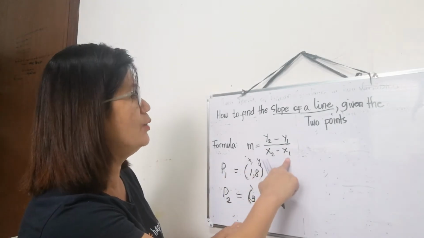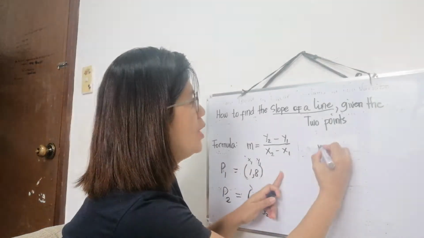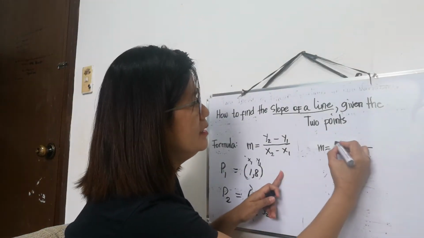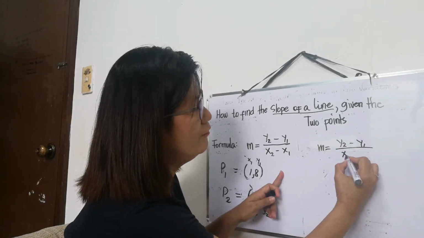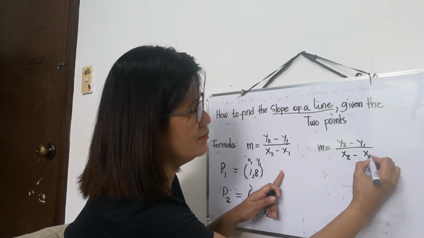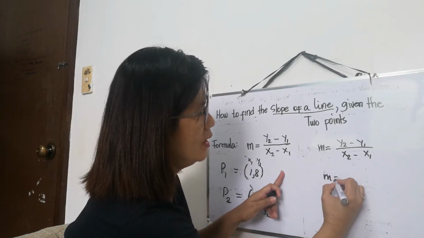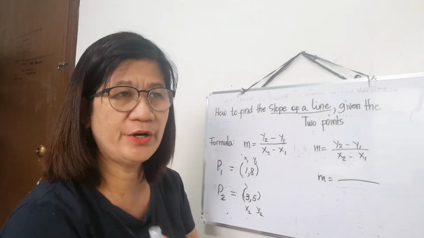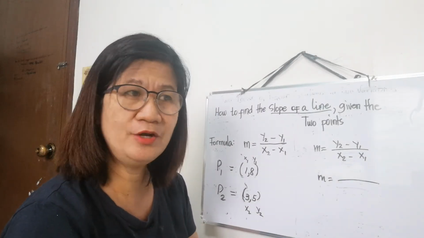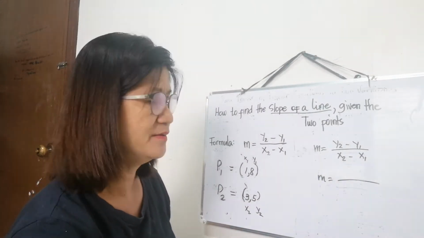Then, we will follow our formula. So, our formula is m equals y sub 2 minus y sub 1 all over x sub 2 minus x sub 1. Okay, so susundan lang natin. Kailangan lang i-recall ninyo kung paano mag-subtract ng integers.